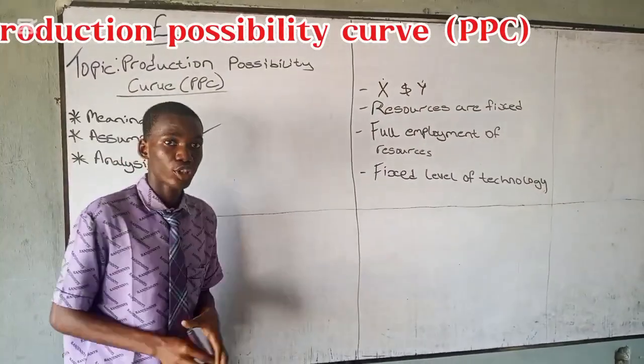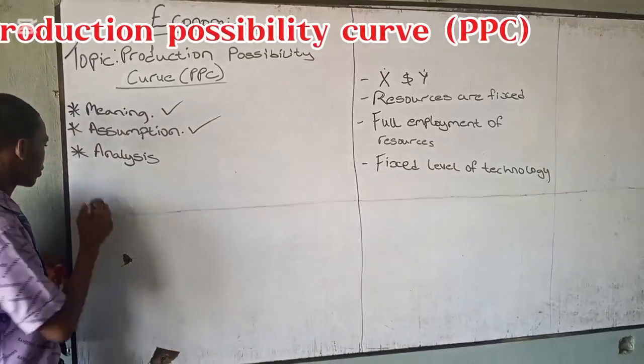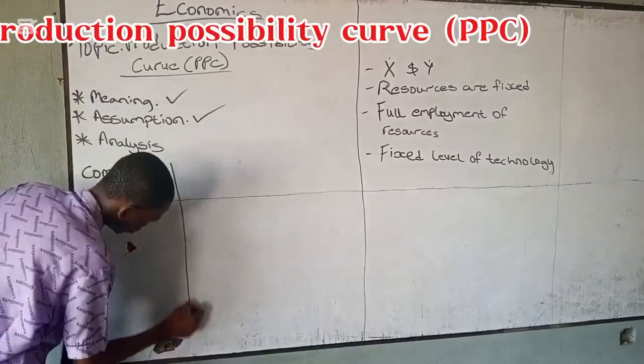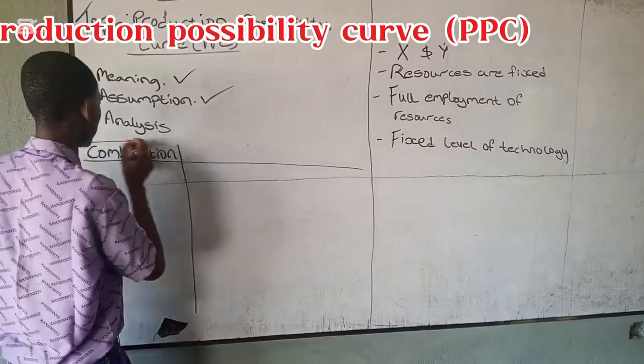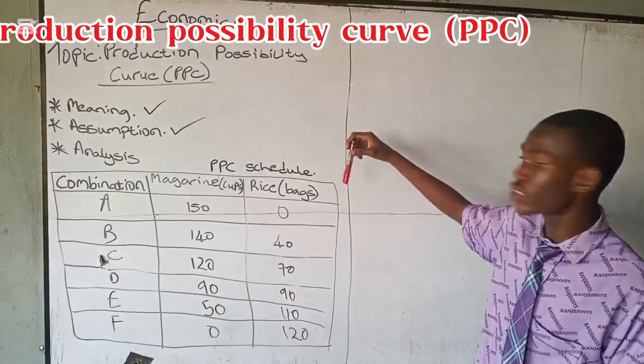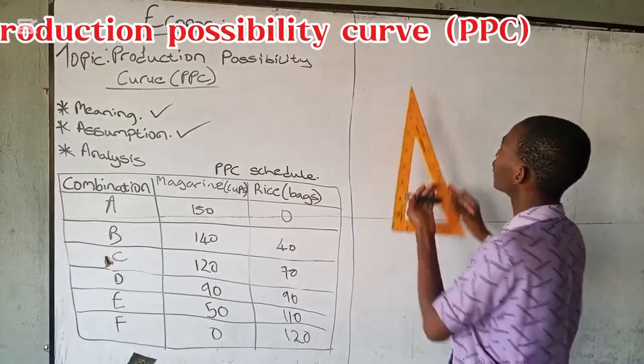The analysis of production possibility curve. We will take an example given the table. So class, given this production possibility schedule, let's take the illustration on a graph.